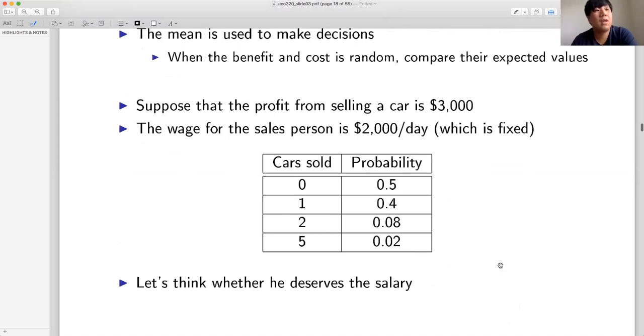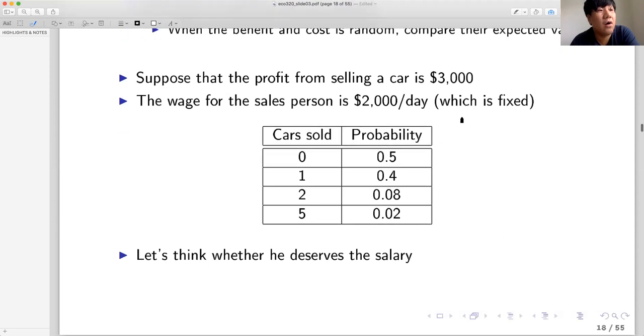So based on this, what would you guess? How do we know whether he deserves the salary? You know the cost information: this is a cost and this is a benefit, right? This is cost per day. This is the profit from selling a car.